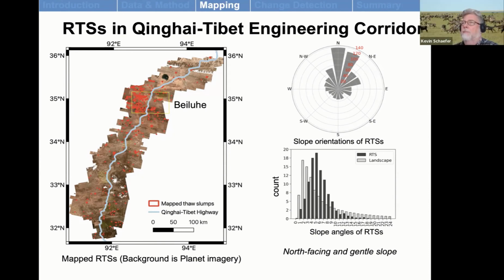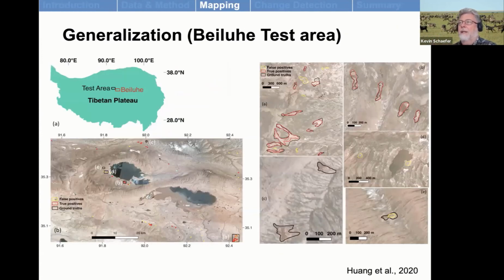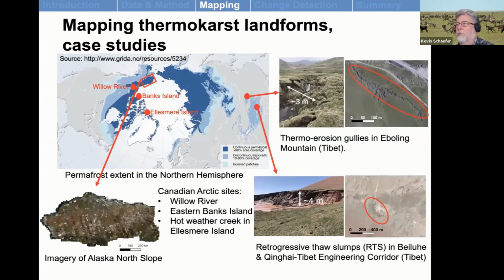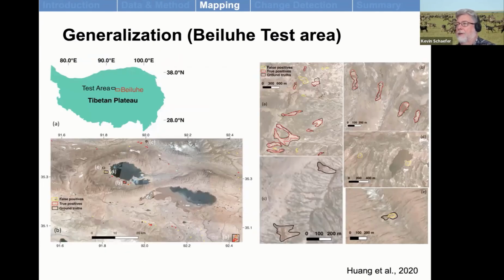Sure thing. Actually, Lingcao, I do have a second question. When you're doing the footprint size for the thaw slump in Tibet, you showed some areas where the footprint got narrower, like there's a negative growth. Could you show that plot again? It's a little further along, when you figured out the area of footprint or area of thaw slump.